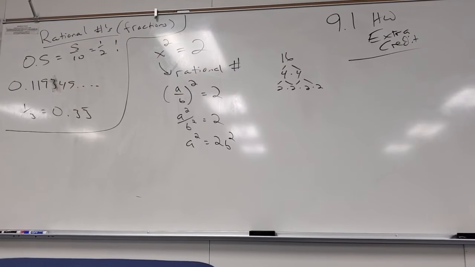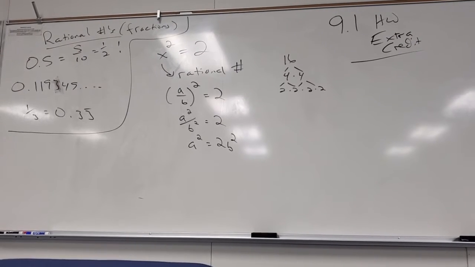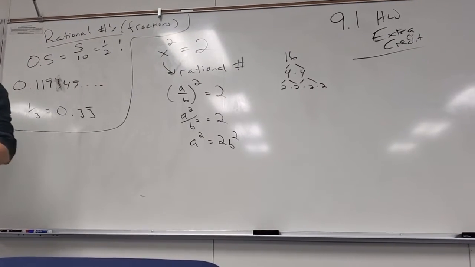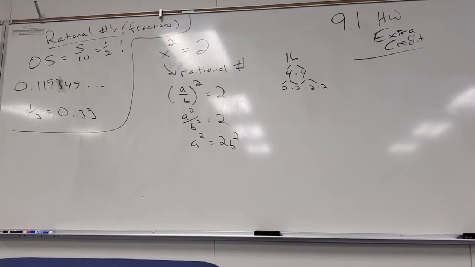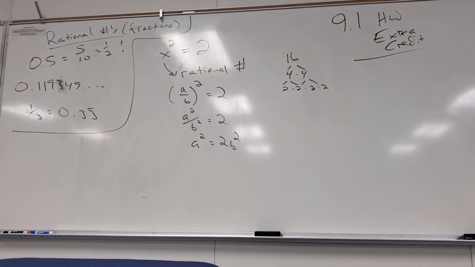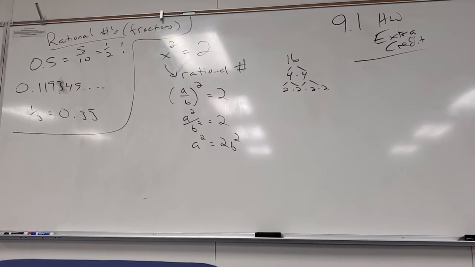Can a square number have, like, one 3 in it? Think about this for a minute. Can a squared number have one 3 in it? No, right?